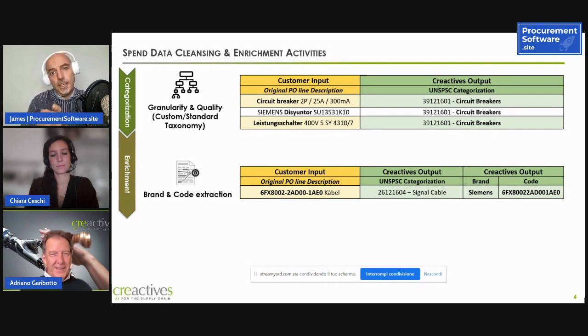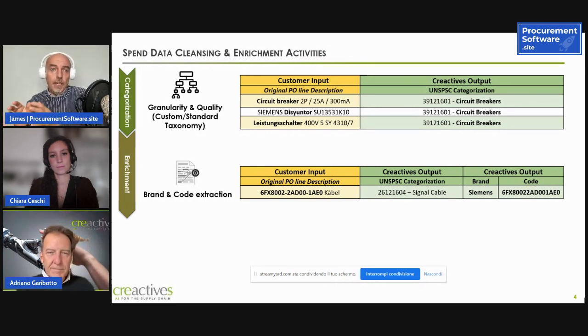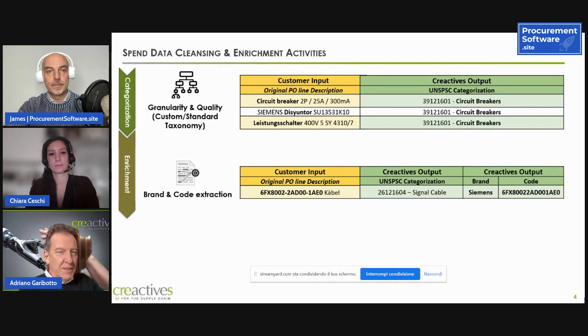So it can recognize a certain way that a part number is structured, and through that structure, it can immediately say, okay, that is a Siemens part number. Yes. And this is like when you go to a very expert of the domain. For example, a distributor of components, or a warehouse manager, probably he knows. And this is exactly what we try to reproduce with artificial intelligence.